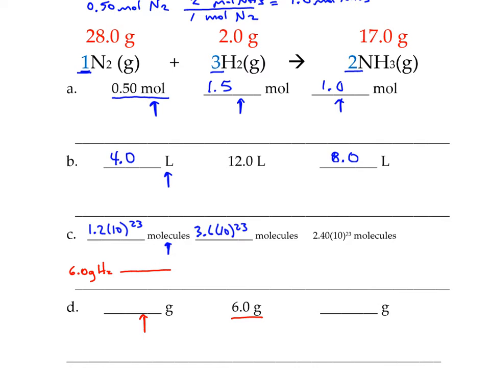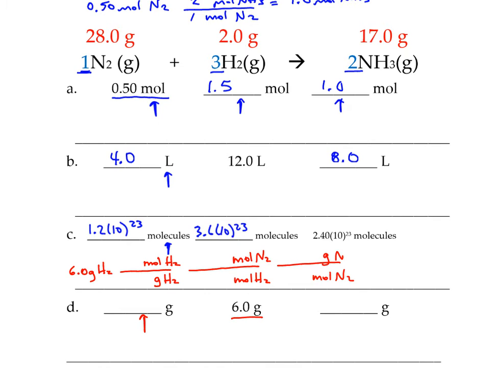You want to get rid of grams of hydrogen, and then you could go to moles of hydrogen, and then you want to get rid of moles of hydrogen and go to moles of nitrogen, and then you want to get rid of moles of nitrogen and go to grams of nitrogen.